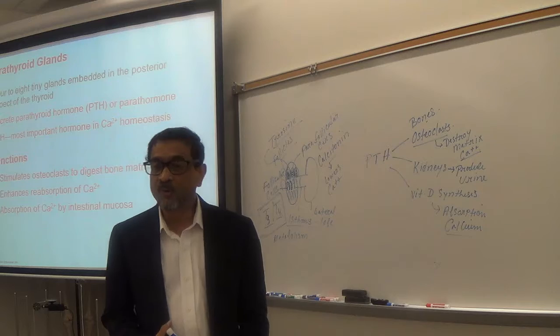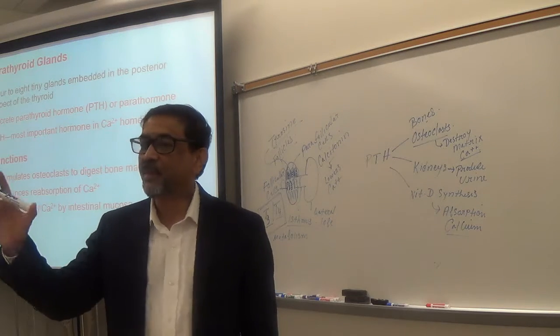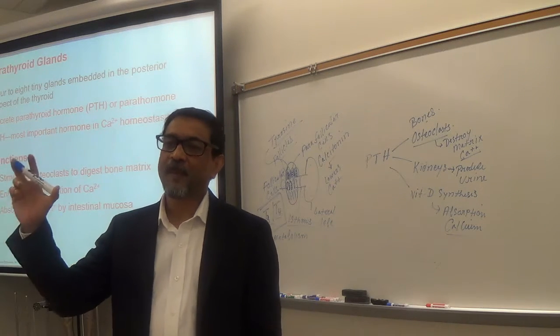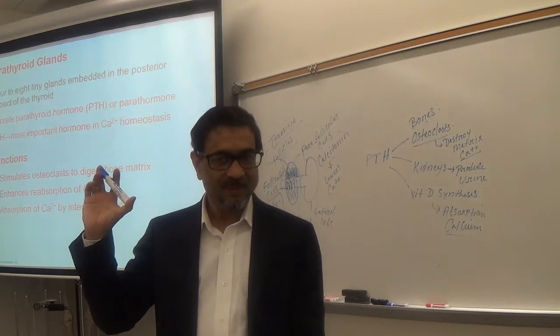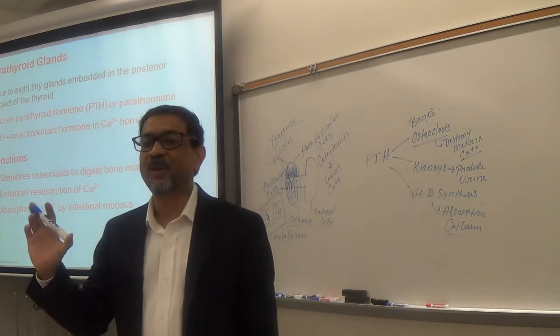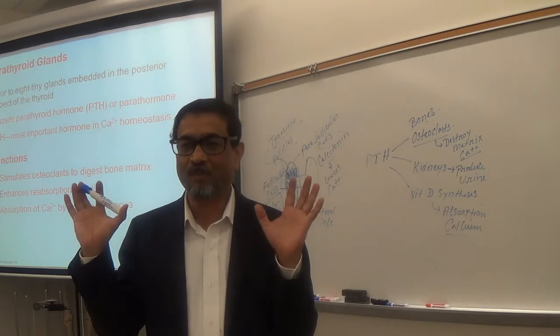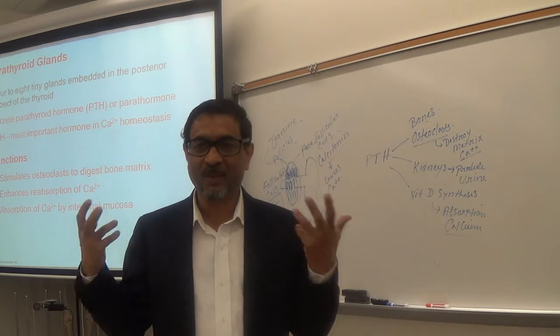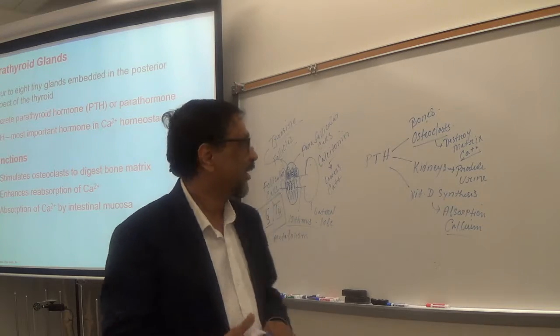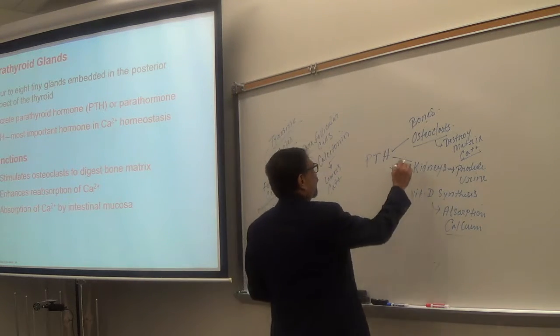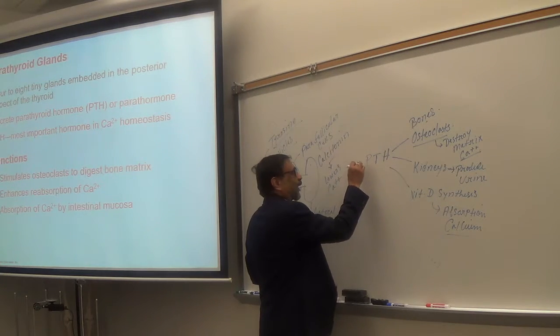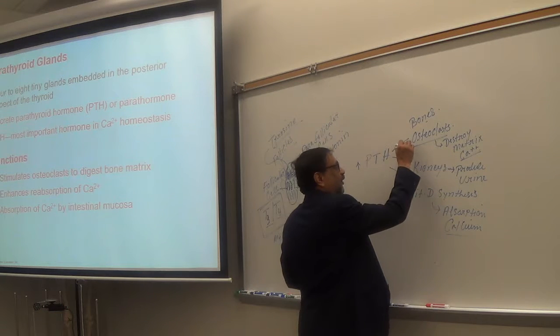Okay, everybody. So parathyroid hormone works on those three areas. It works on the bones. Which cells of the bones? Osteoclasts. Make sense? And we know osteoclasts love to destroy the matrix, right? And the matrix contains a lot of calcium. Bone contains a lot of calcium. So parathyroid hormone does what?